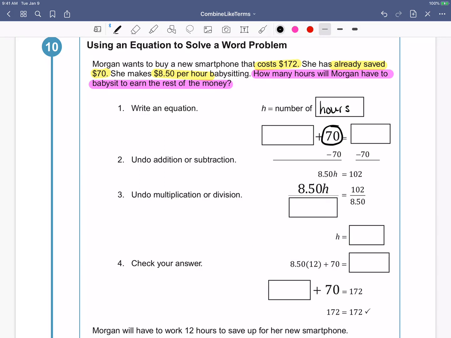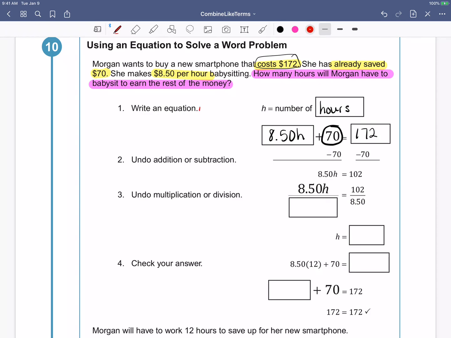It's not going to change depending on how many hours I babysit, okay? So in this box is going to be my 8.50 and then the letter H for hour, and it equals 172. It equals 172 because that's how much that phone is and that's how much she needs to save up. So the first step was write the equation.